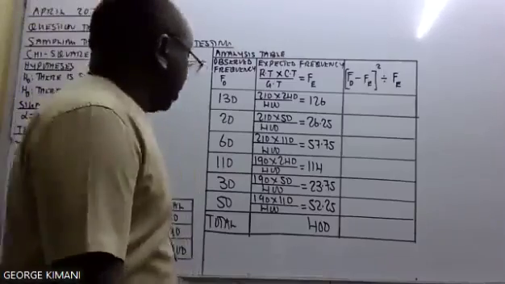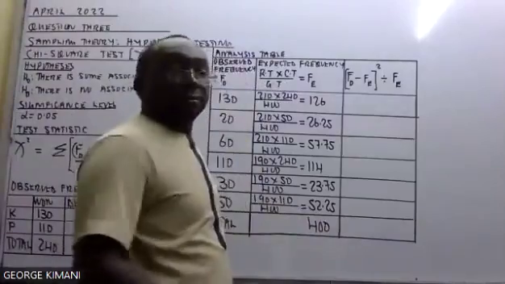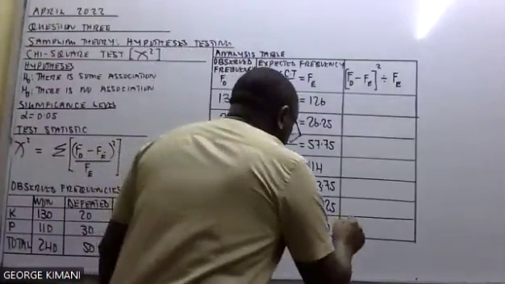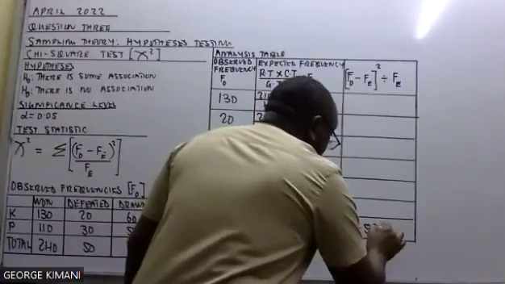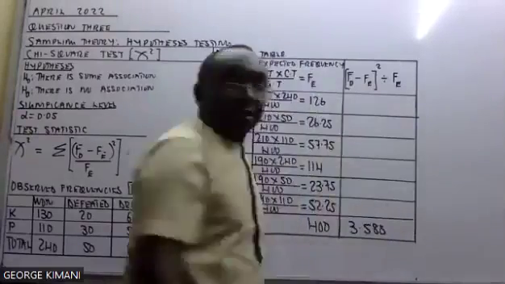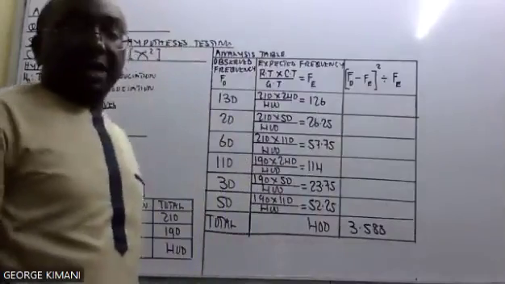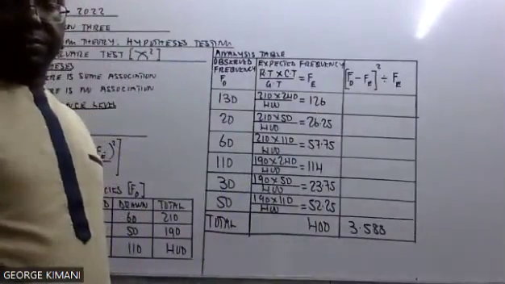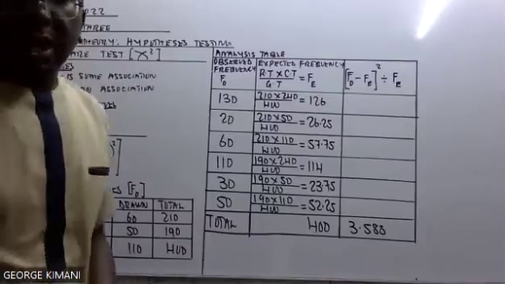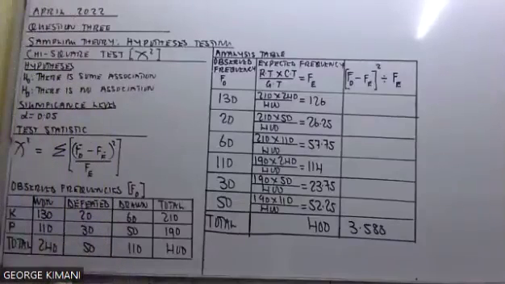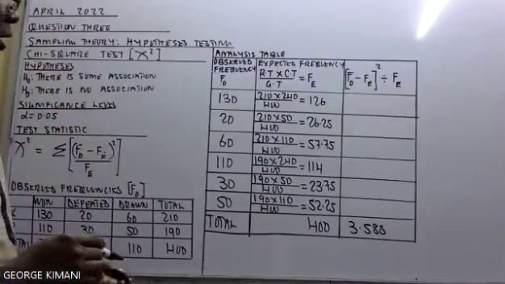So what is the total here? 3.588. Someone else to confirm that? Yeah, 3.585 or 88. Good.